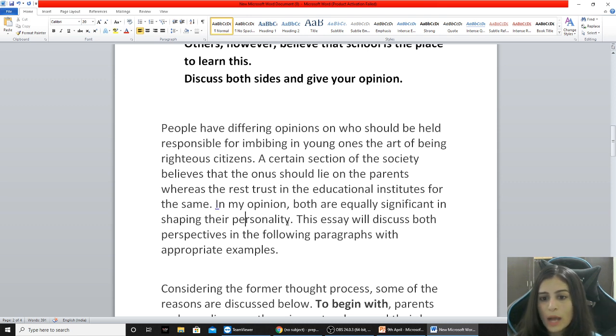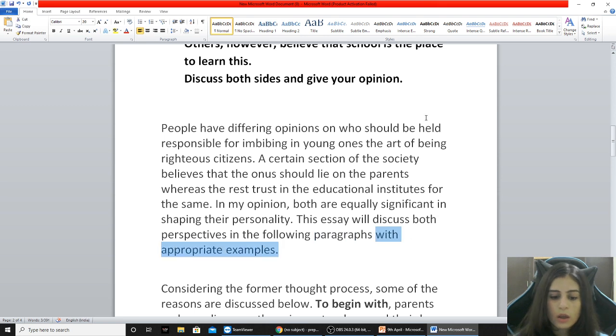So anybody who has any doubts so far? Okay, this is how you add your opinion. Then you would write, this essay will discuss both perspectives in the following paragraphs along with my opinion.